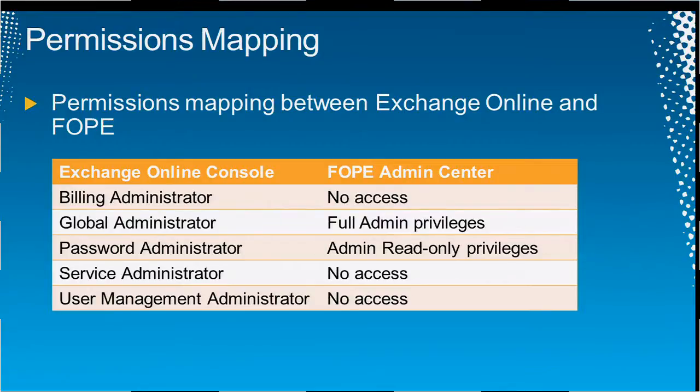This is how permissions map between Exchange Control Panel and FOPI Admin Center. Global administrators have full control for that organization, and password administrators have read-only access. All other administrators in Exchange Control Panel, or users set up with other admin level access, would not have access to FOPI Admin Center.